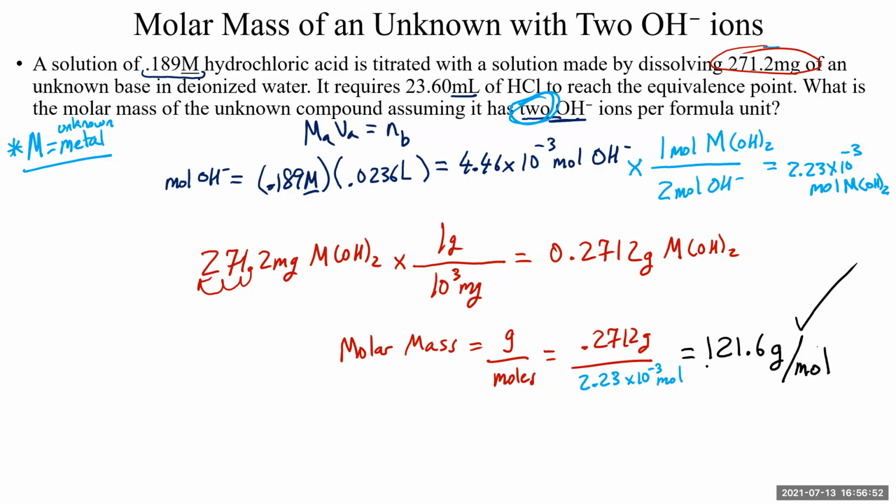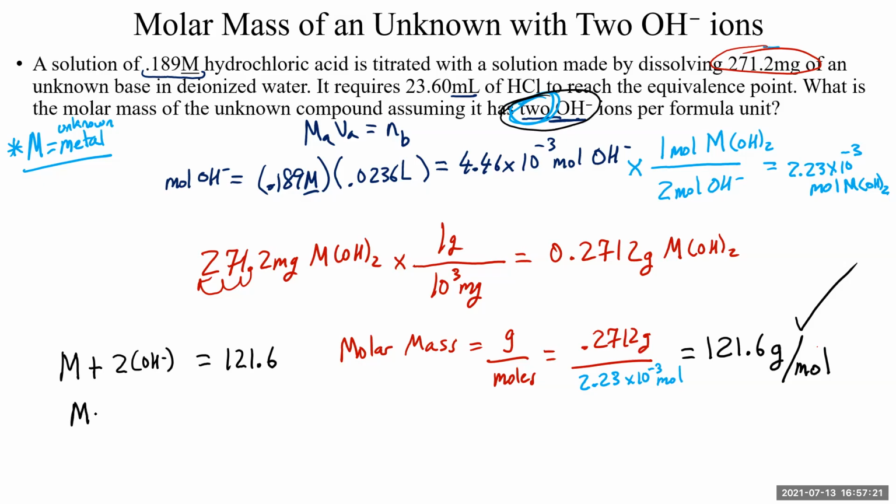Well, if our total molar mass is 121.6, that means the sum of all of our components should add up to 121.6 grams per mole. I'm just going to leave off the grams per mole part. So M, our unknown metal, plus how many hydroxides? 2 hydroxide ions, right? Because we have 2 hydroxide ions in our formula.